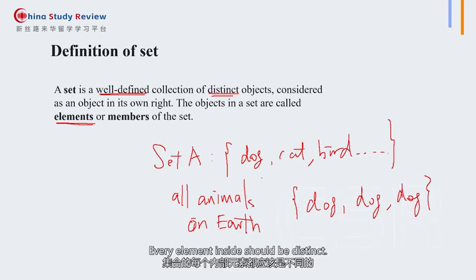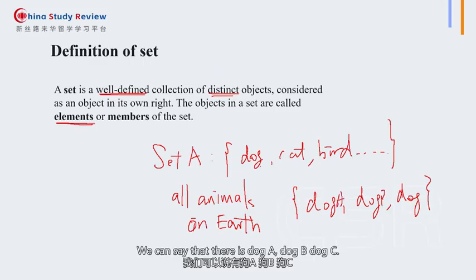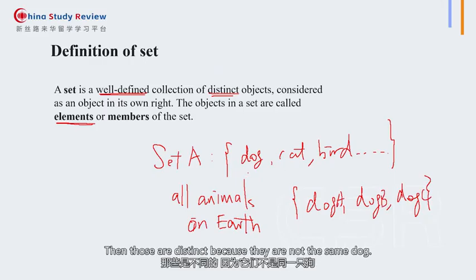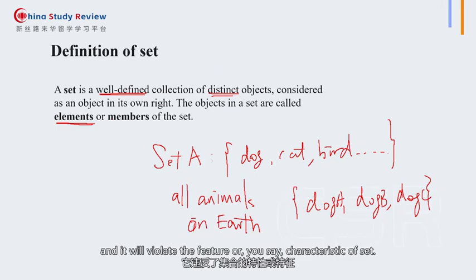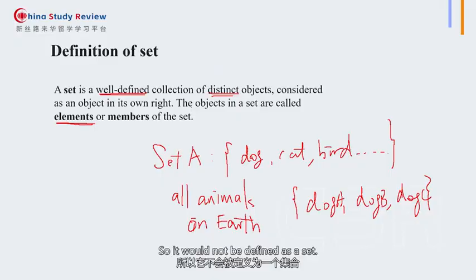Every element inside should be distinct. We can say there is dog A, dog B, dog C, and those are distinct because they are not the same dog. But if you only write dog, dog, dog, then they are not distinct objects, and it will violate the characteristic of a set, so it will not be defined as a set. This is the very basic definition.